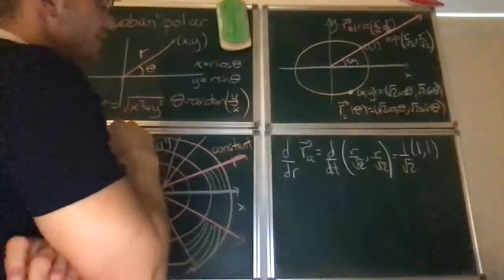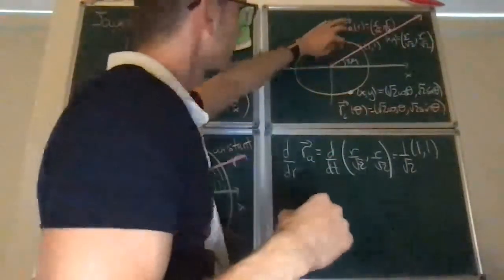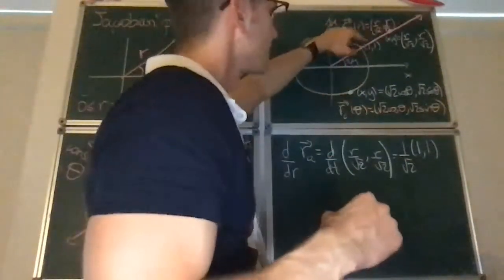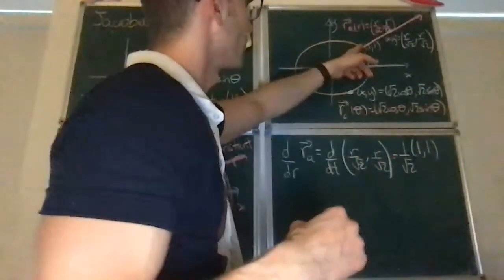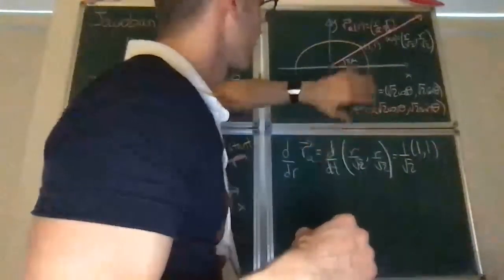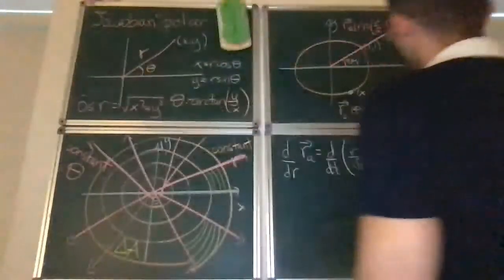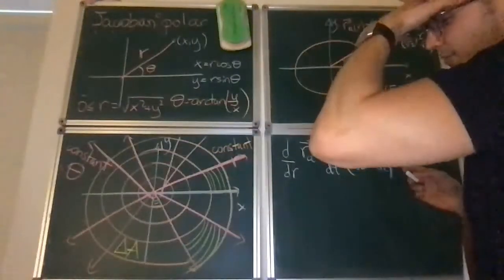As you can see, if you think of 1 comma 1 as a position vector for this point, this means that this velocity vector is just a rescaled version of this position vector. I guess here slightly smaller.